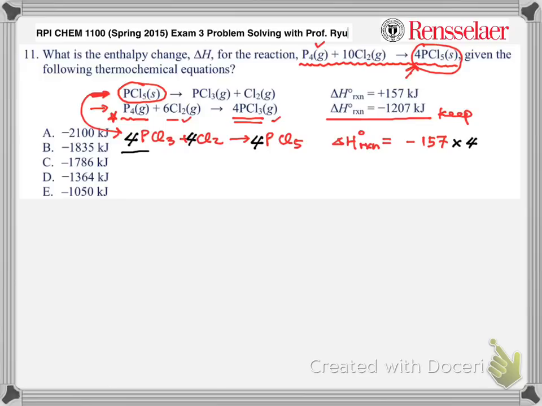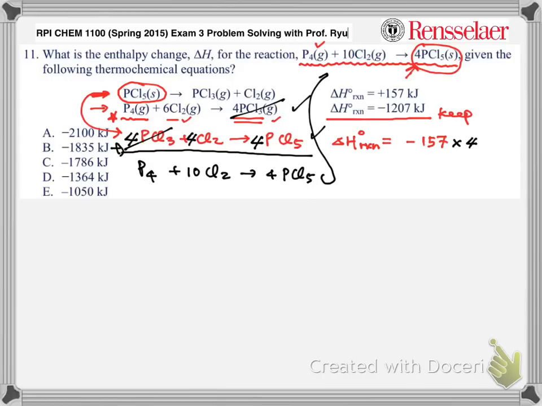So now I have this second reaction with the first one at the top, and I'm going to add them up. P4 stays in, and the PCl3 goes away, and you get P4 plus 10Cl2 becomes 4PCl5. So this is exactly what I'm looking for.